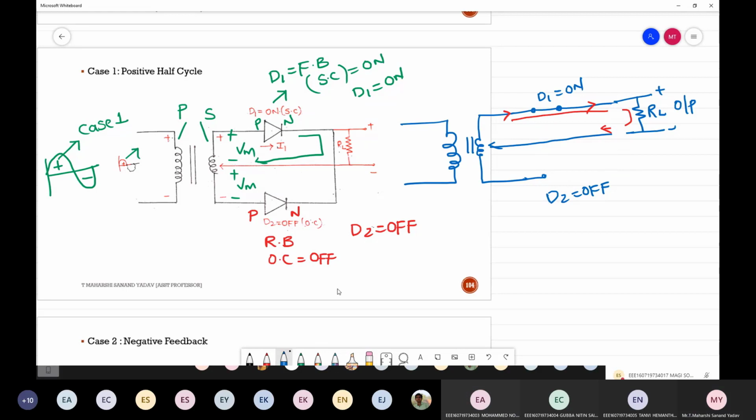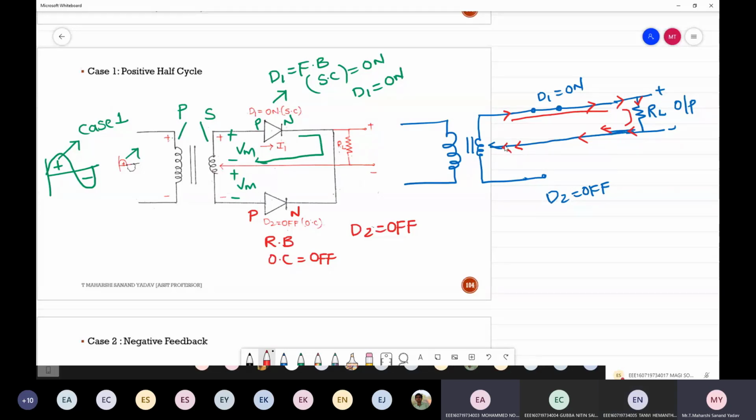So this will look something like this. Right or wrong? So the flow of current will be something like this, here, next through the load. Again, it will tap the transformer. Is it correct? Yes. Okay.